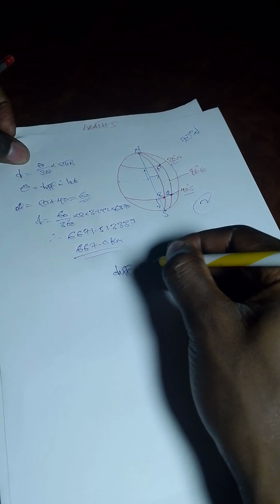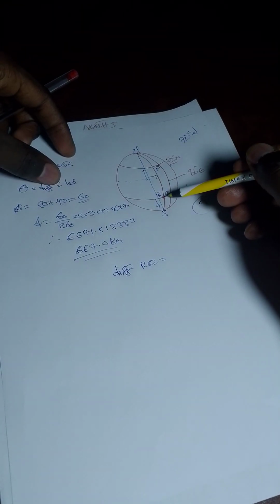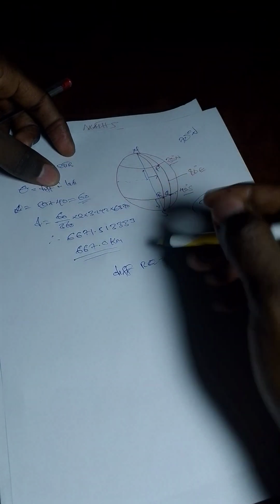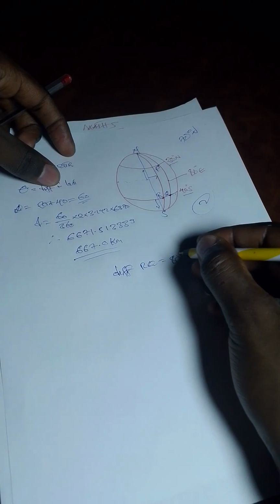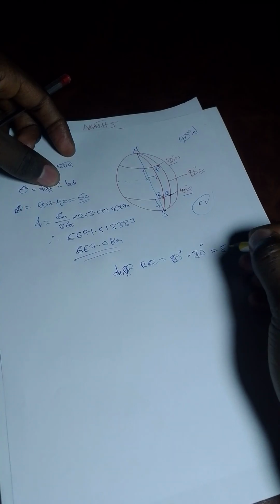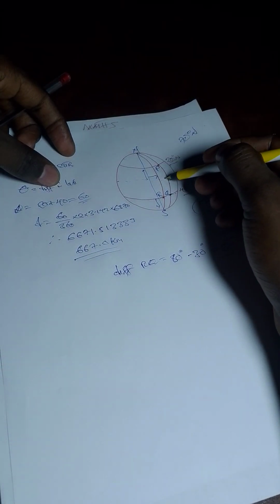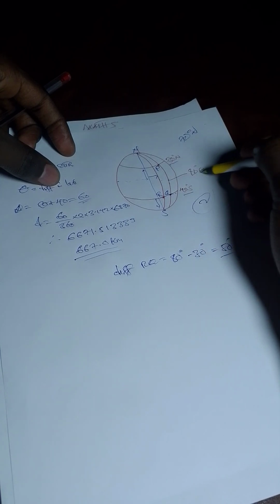So difference in RQ is equal to, so we have 80 and 30. So we'll say 80 degrees minus 30 degrees, which is equal to 50 degrees. So when the points are located on the same side, we subtract.